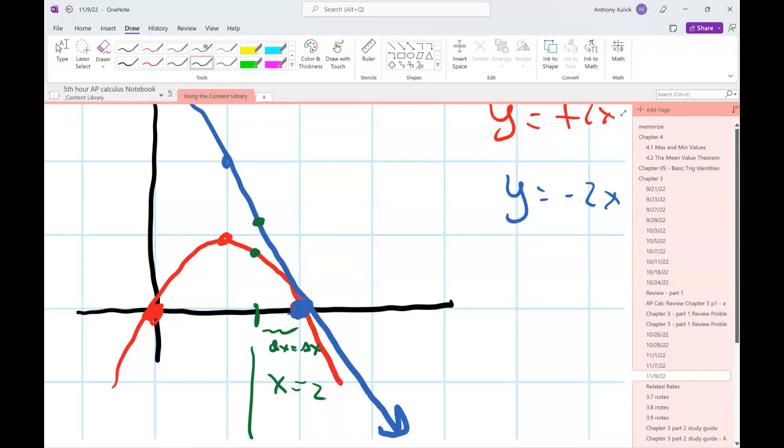Okay. So this section here is my dy. Nope, sorry. That's not.